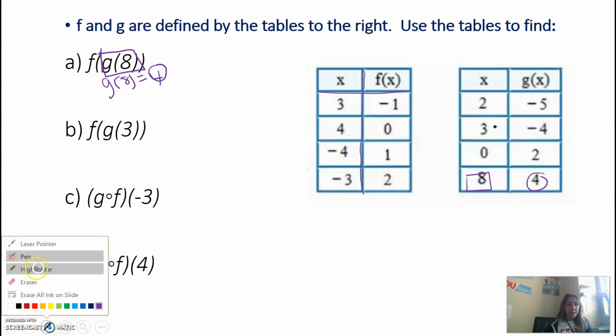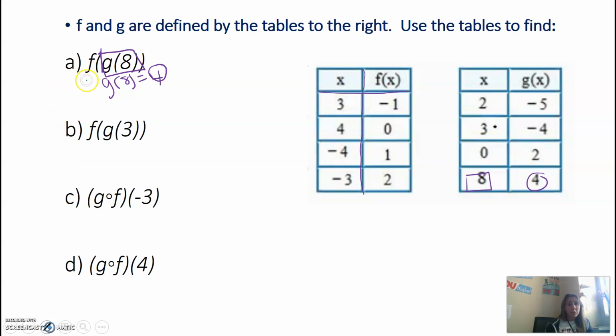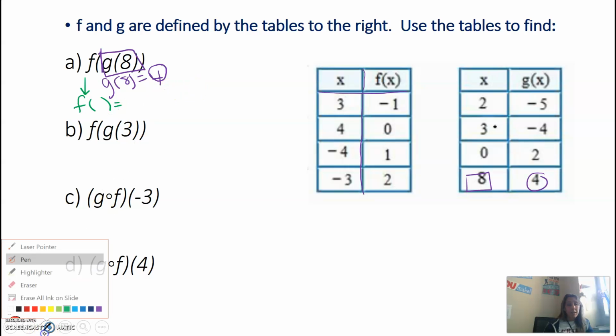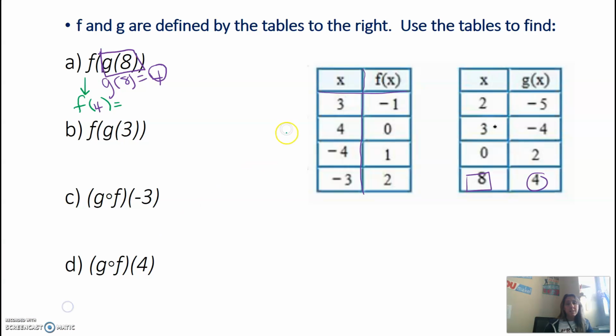We're going to drop down the F, and we're going to put our new input, that 4, in, because that's what the output is. So when my input is 4, my output is 0. So that is my answer. F of G of 8 is equal to 0.